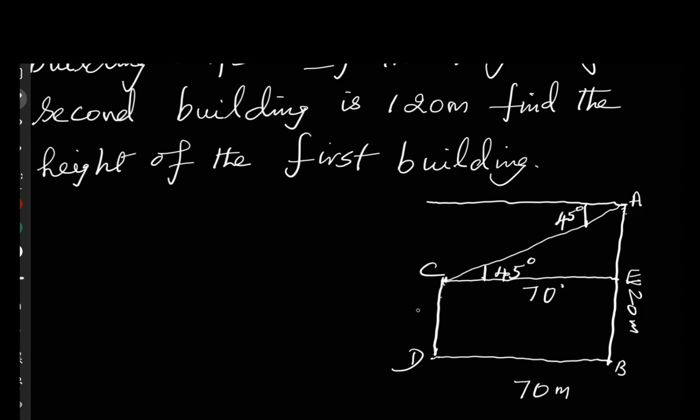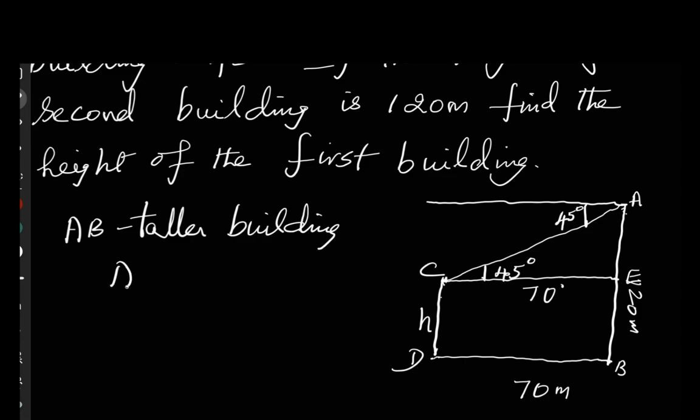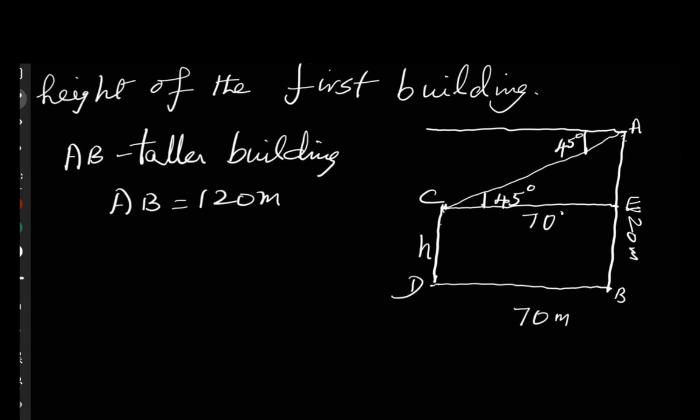Question: find the height of the first building, H. So AB, the taller building, the height is given as 120 meter.